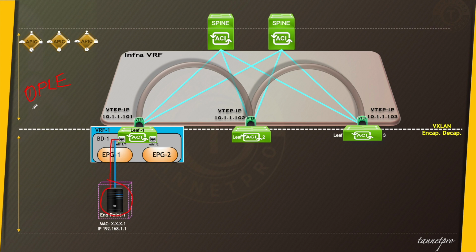And the second endpoint type is the virtual local endpoint. What about the virtual local endpoint? If this leaf switch port gets connected to a virtual switch, like Cisco AVS, in that case it will be treated as a virtual local endpoint, right?